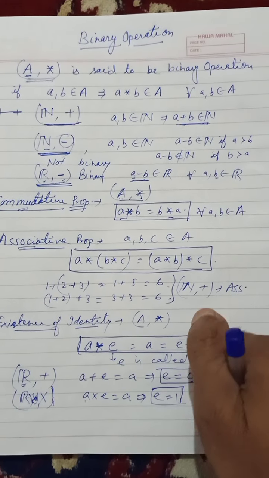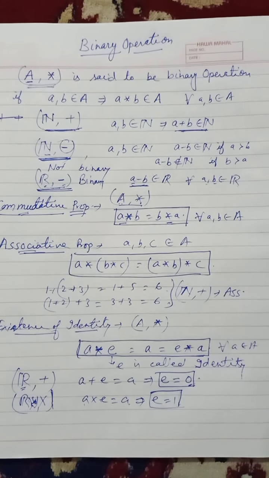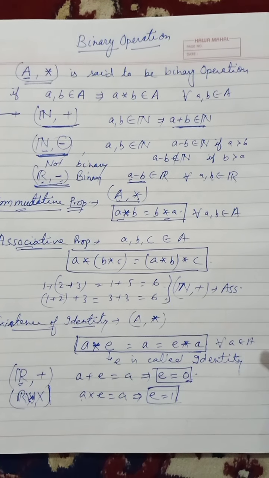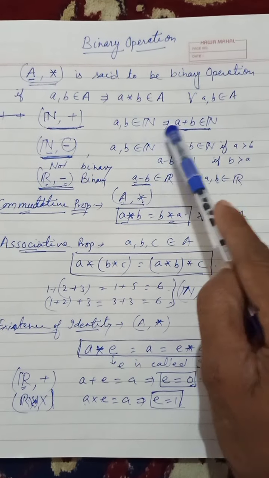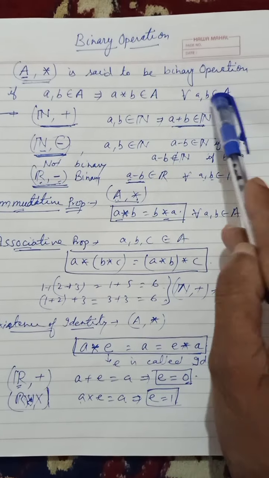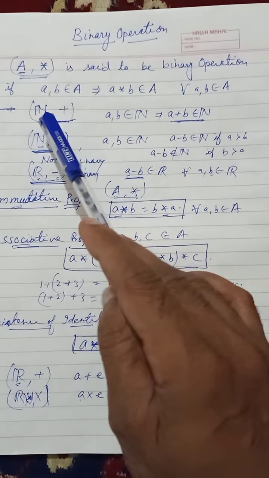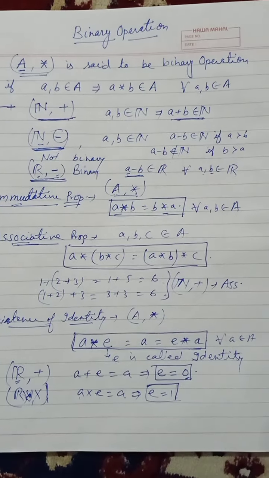That means if we add the numbers, then again we get a natural number. The sum of two natural numbers is again a natural number. That means it satisfies this property, the closure property. Therefore, the set of natural numbers with addition is a binary operation.